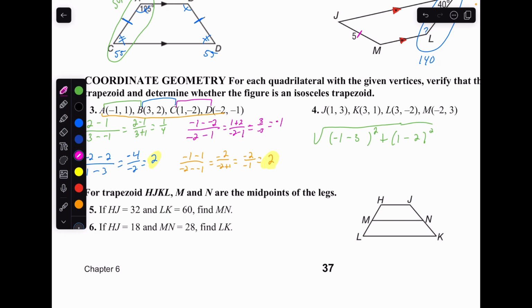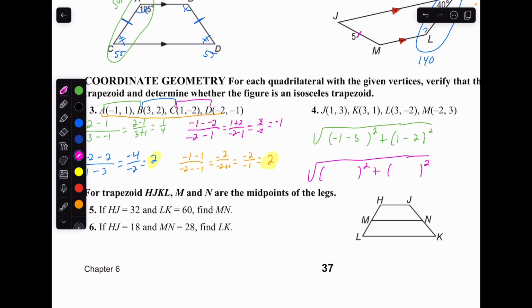And then for the pink, it's going to be 1 minus negative 2, and then it's going to be negative 2 minus negative 1.